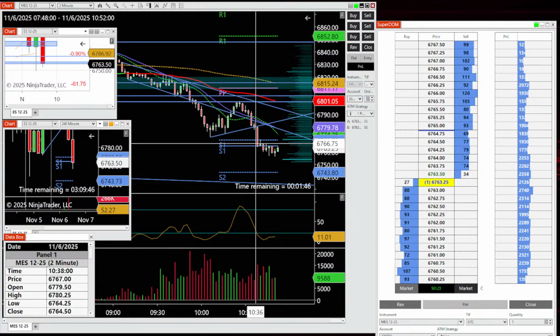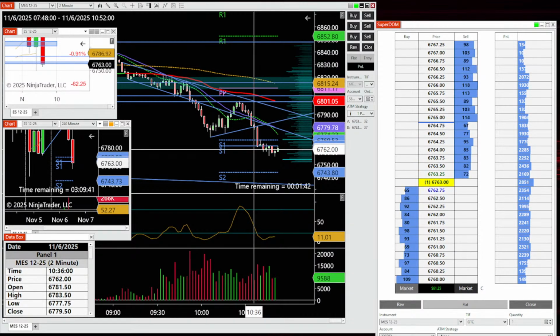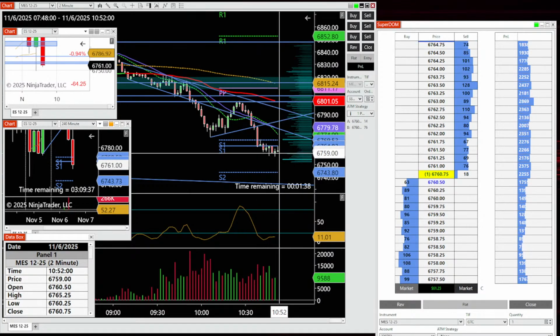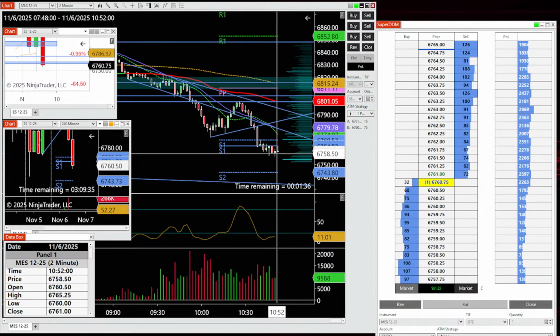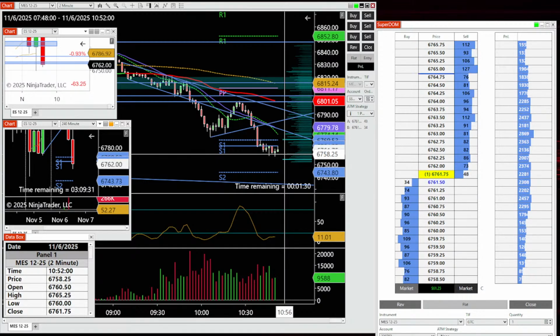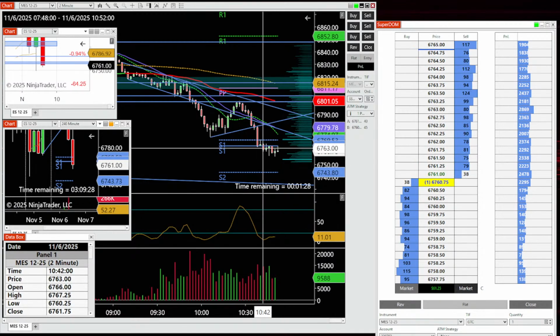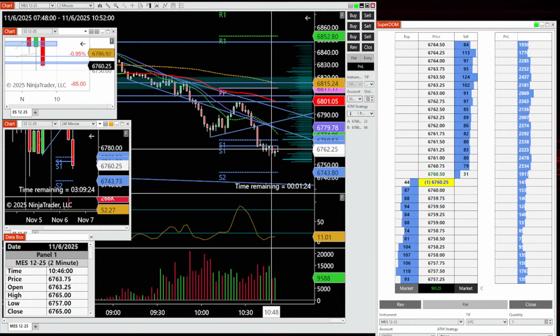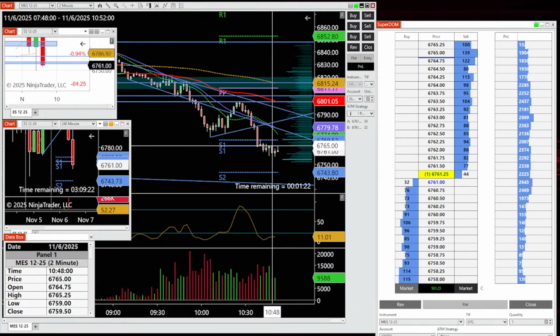Let's see where we go from here. The 15-minute chart did not continue at this moment. Had no follow through so far. So if we're going down, they're getting weak positions out right now. They got those small stops.